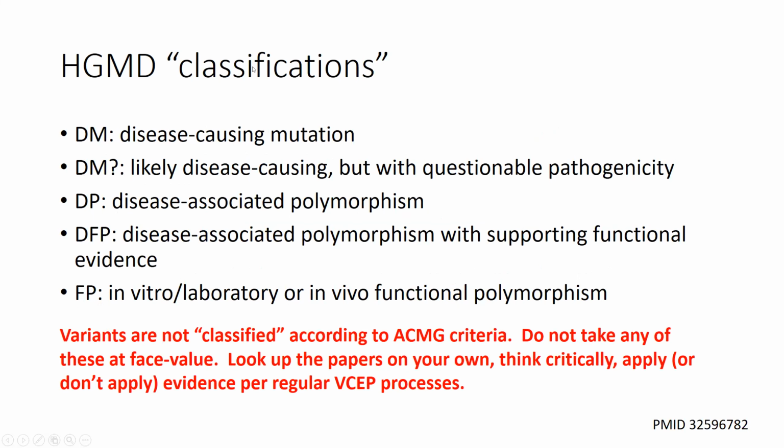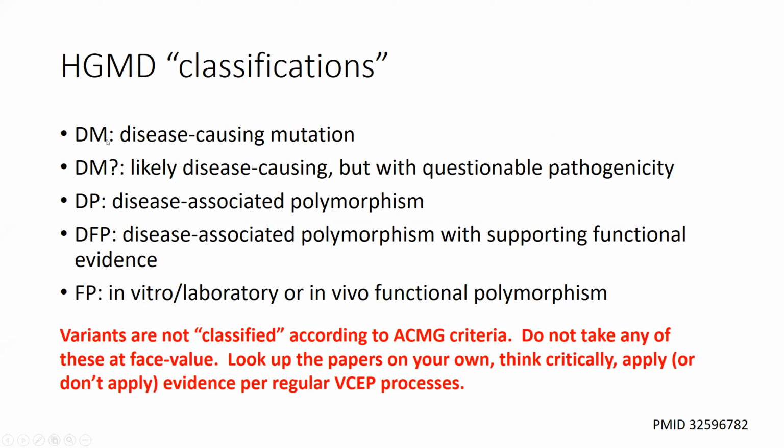HGMD also provides classifications on the variants that they list, but big red flag here: do not trust this, take it with a grain of salt, okay? Their abbreviations are DM for disease causing mutation, DM question mark for likely disease causing, and some other things for disease associated polymorphisms, or something that might just have some laboratory data supporting a functional impact.